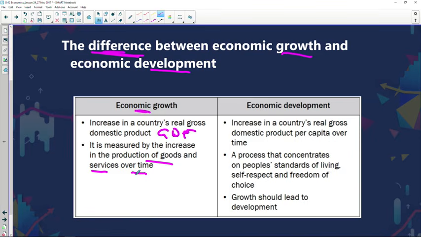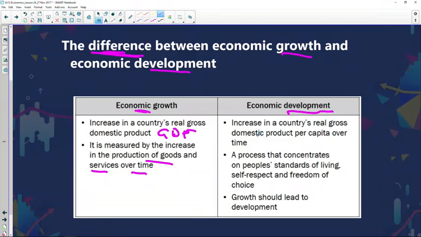But then what is economic development? So here the focus is on development, and for development to be achieved, policies need to be put into place, or structures need to be developed in order to ensure that development actually takes place. So this is an increase in a country's real gross domestic product, but then the focus here is per capita over time.